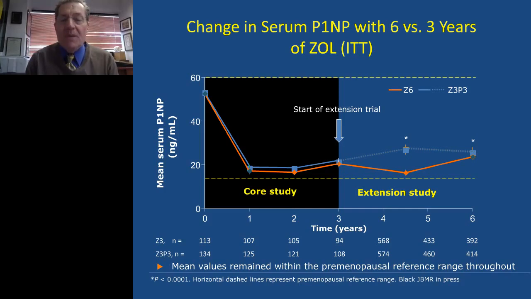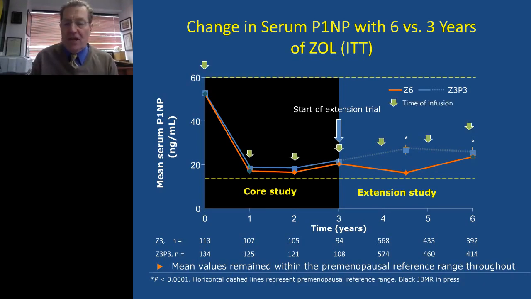The P1NP, again as a marker, when bone resorption begins to go up, you'll see a rise in the P1NP as well. You'll see that the P1NP went up, and it was increased by the second, maybe 18 months of stopping, and stayed at that level. And those differences were significant from the ones that stayed on.